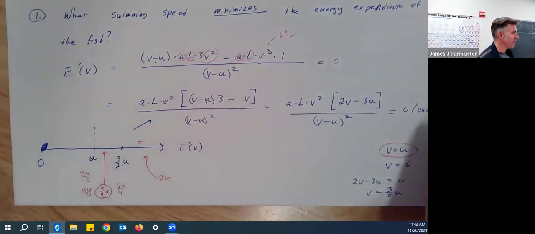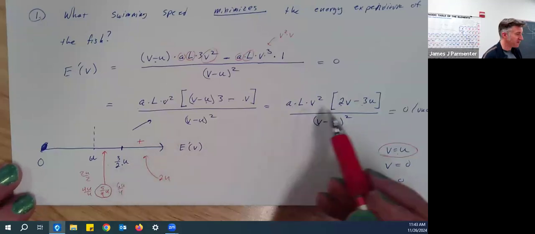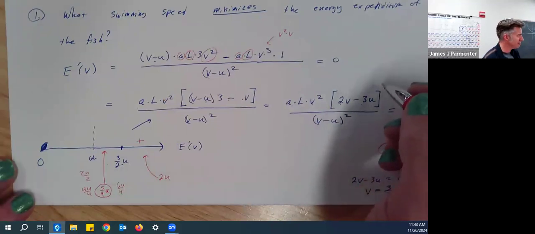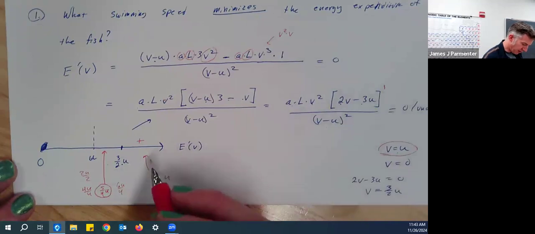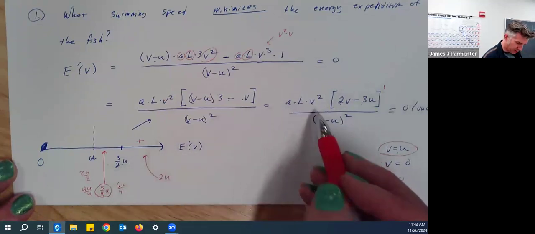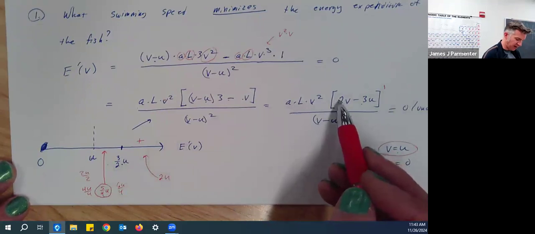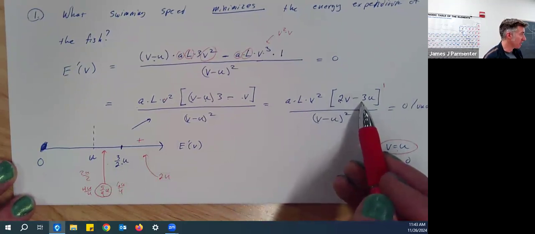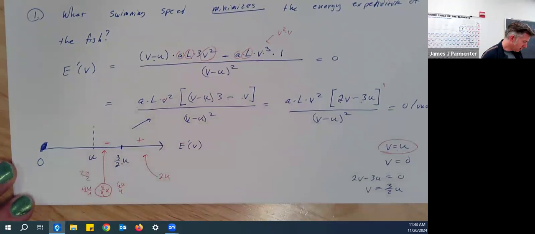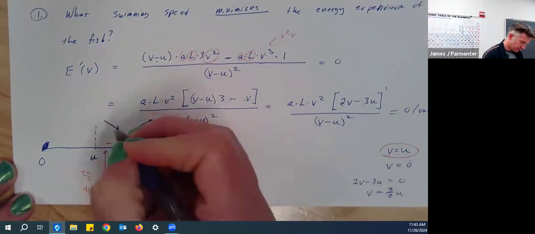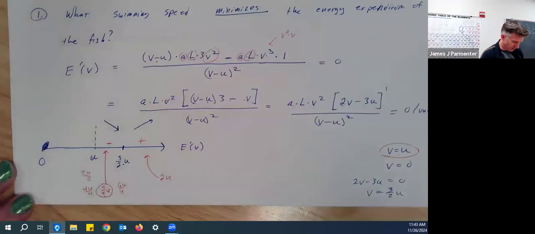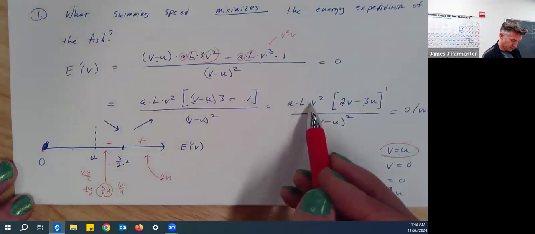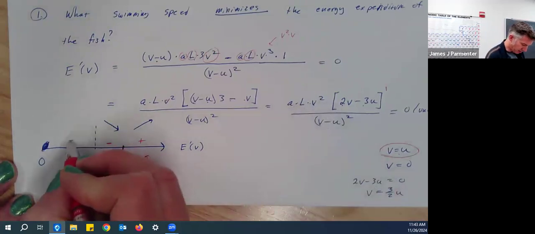Or I could have been smarter about it and said, I know that my 3/2 u came from this factor, which is raised to an odd power, which means we should expect the sign to change. Let's check. I plug in 5/4 u, positive, positive, positive, positive, and then 2 times 5/4 is 5/2, and 5/2 minus 3 is negative. So it is going to be negative there, decreasing over here. And over here, if you pick a number less than u, like half of u, positive, positive, positive, negative. So it's negative over here as well.